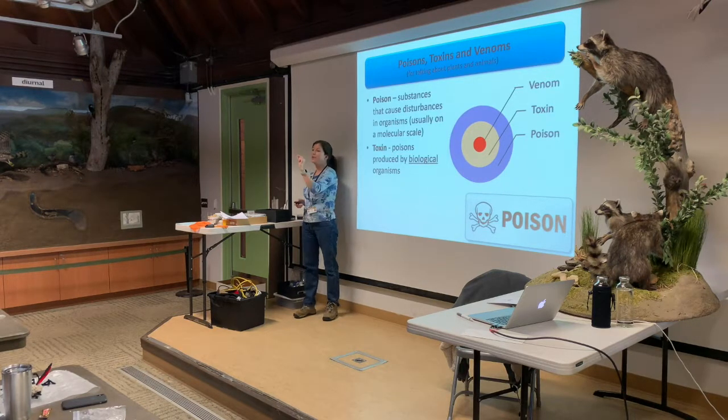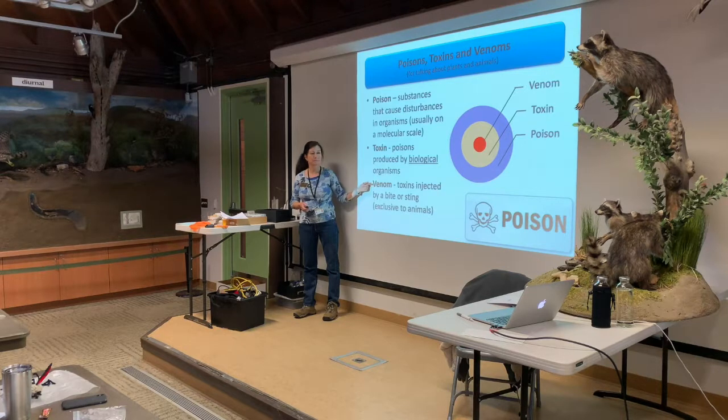And then we have a very specific type of toxin because of its delivery method: venom. Venom must be injected by either a bite or a sting. And now there's a big debate about this. We are saying it is exclusive to animals. It's kind of like that whole virus, non-living, living thing. Well, what about stinging nettles?